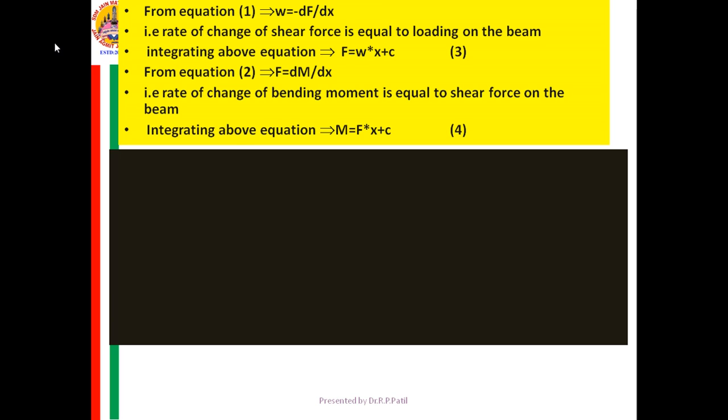Like on some particular part of the beam, load is not there, W equal to 0, F will become equal to C. F is constant. If F is constant, what is M? M will become constant into x plus C. It is linear.